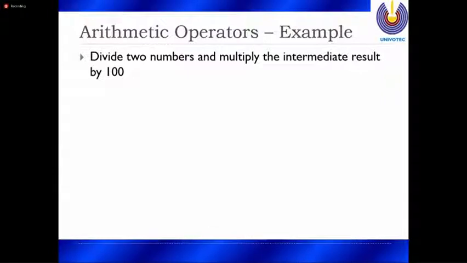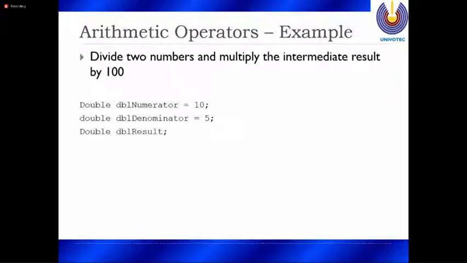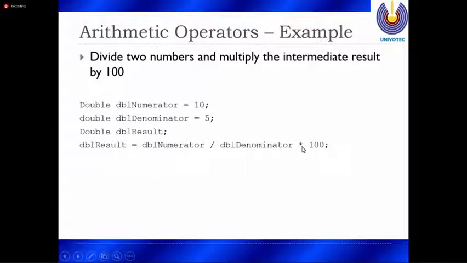Divide two numbers and multiply the intermediate result by 100. Okay, double DBL numerator 10 and double DBL denominator 5. DBL result, then DBL result equals DBL numerator divided by DBL denominator into 100.